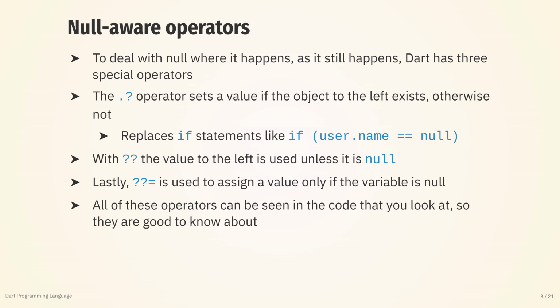And this replaces the if statement that you can see here, if user.name is equal to null, for example. Because we don't want that kind of code, this is a shorthand for working with that.